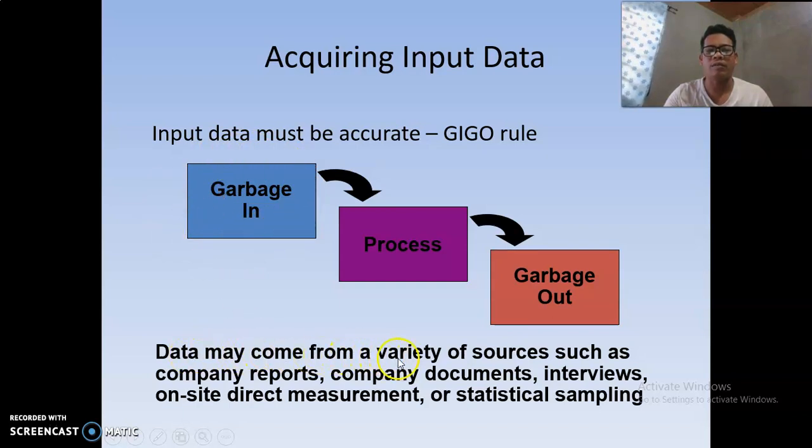Data may come from a variety of sources like company reports, company documentation, interviews, on-site measurement, or statistical sampling. Then based on our data, we process it using different quantitative techniques, and whatever the result of the process is, that is the output.